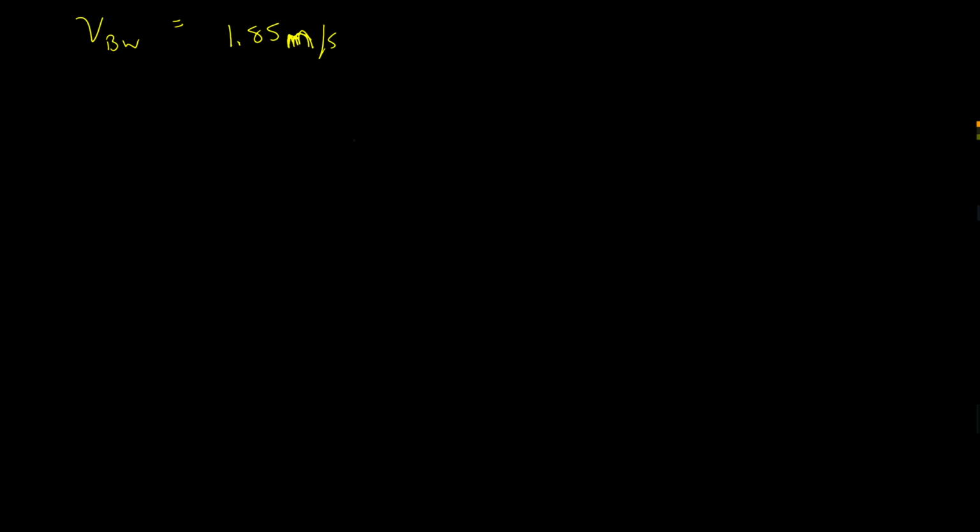Now, if I travel it on a river that has a current in this direction, so I'm trying to get from shore to shore, and the river's going down this way, the velocity of the water relative to the shore is 1.2 meters per second.